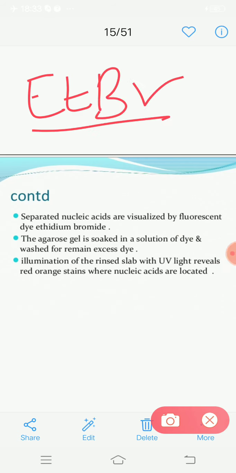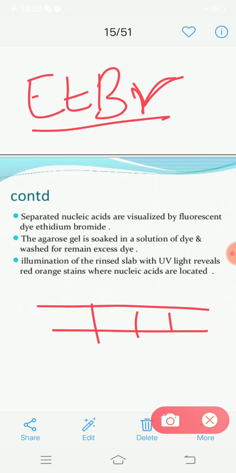Intercalating agent means it will go and intercalate in between the DNA bands. It is also a fluorescent compound. It will fluoresce in the light, so you can visualize it. It is an important thing to track your DNA movement or its migration.